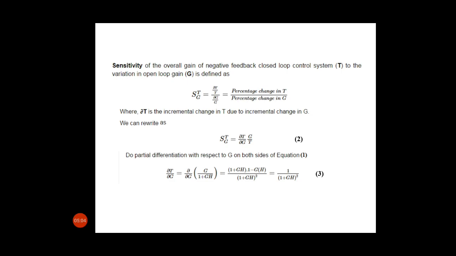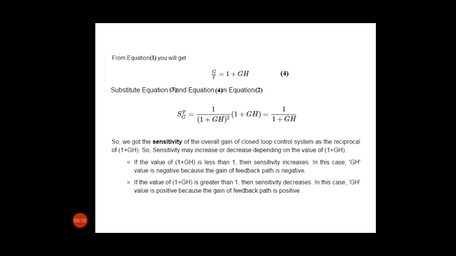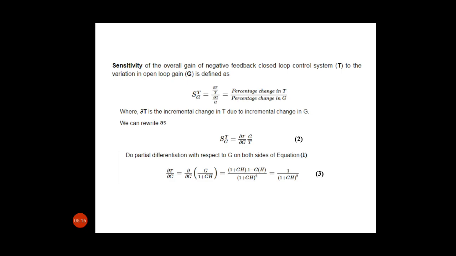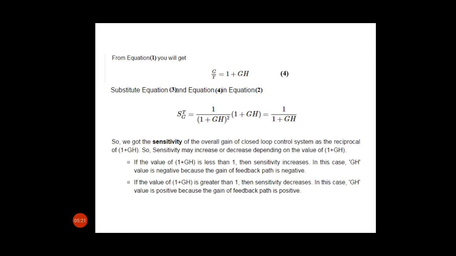Now put this dou T by dou G in the sensitivity equation, and put the T value in this T. If we simplify this equation, we find the closed loop system sensitivity is 1 by 1 plus GH. Okay, clear?